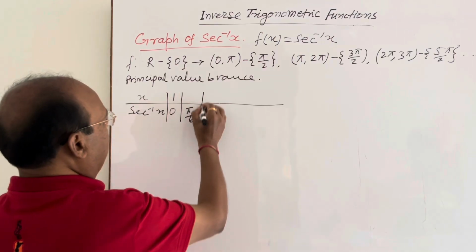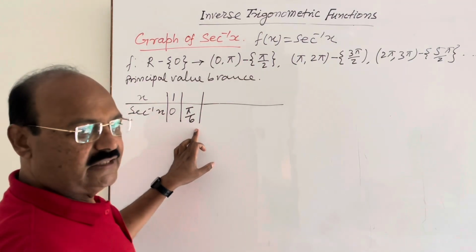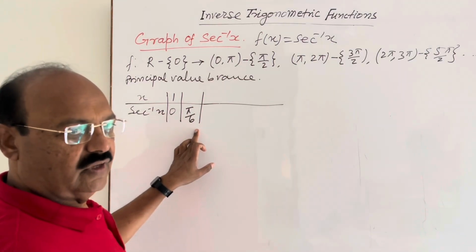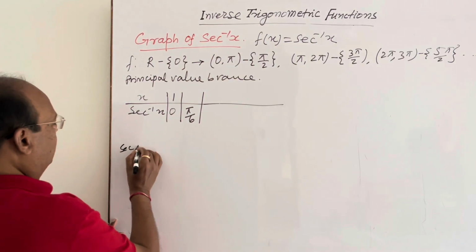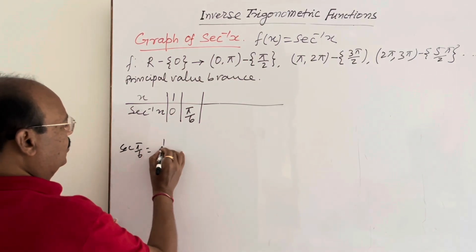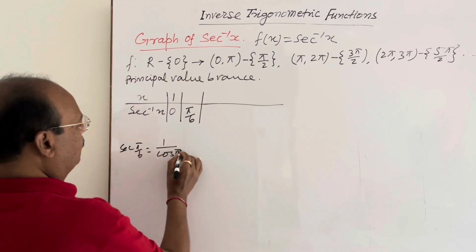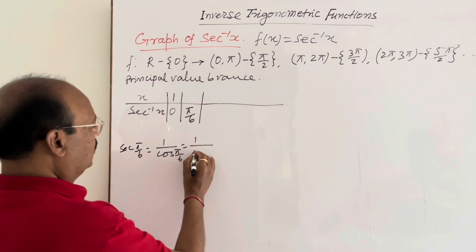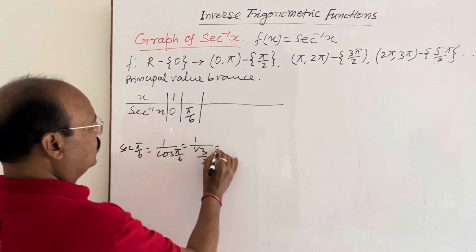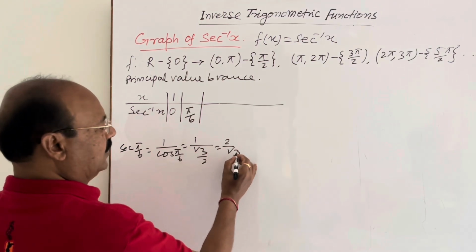And what will be the value of sec pi by 6? You know that sec pi by 6 is equal to 1 upon cos of pi by 6. And this is 1 upon cos 30 degree, which is root 3 by 2. So this is equal to 2 by root 3.